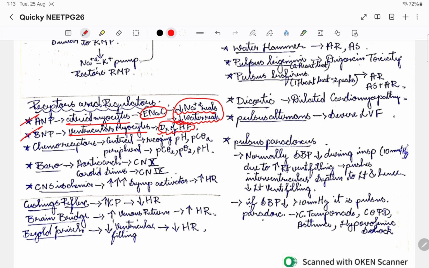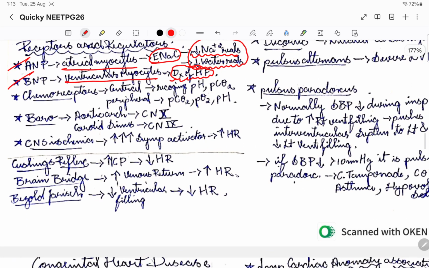Then coming to chemoreceptors and baroreceptors, which help in maintaining the blood pressure. Chemoreceptors are central and peripheral. Central ones recognize pH and PCO2, whereas the peripheral ones recognize PCO2, PO2 and pH. In central there is no PO2 recognition, please remember; it is the peripheral ones that do it.